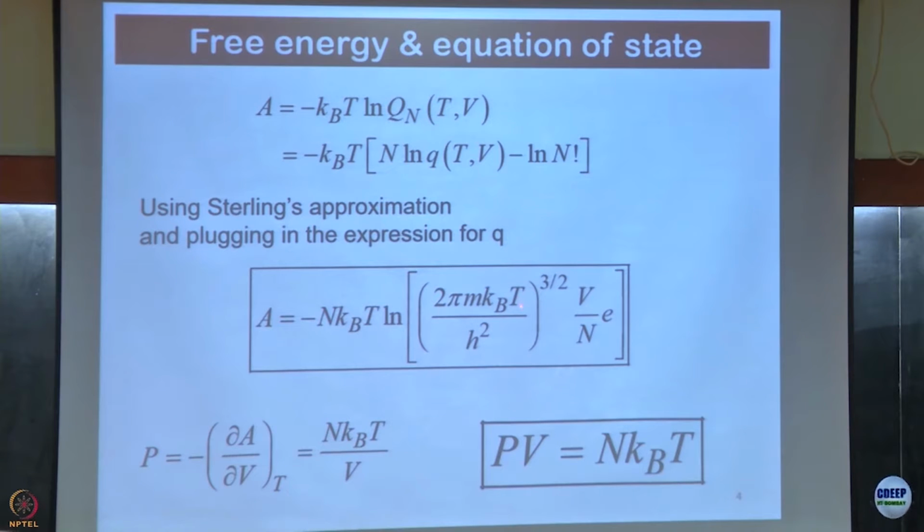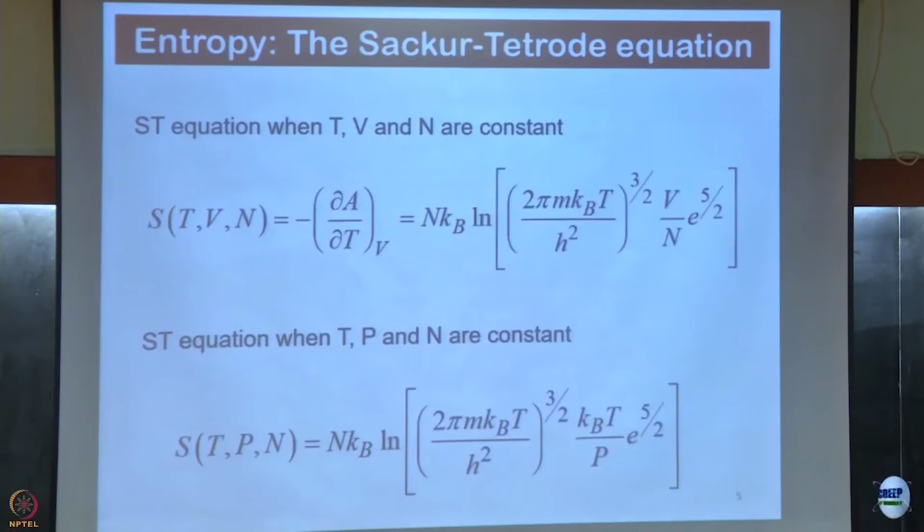When I take a derivative, the 3 by 2 comes out and it becomes T to the power 1 by 2, because ln T to the 3 by 2 gives 1 over T times 3 by 2, and then you can combine the 1 T that comes in with the 3 by 2.